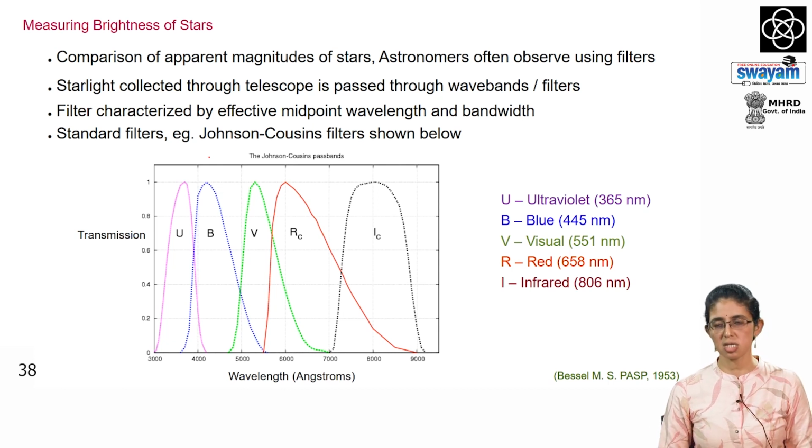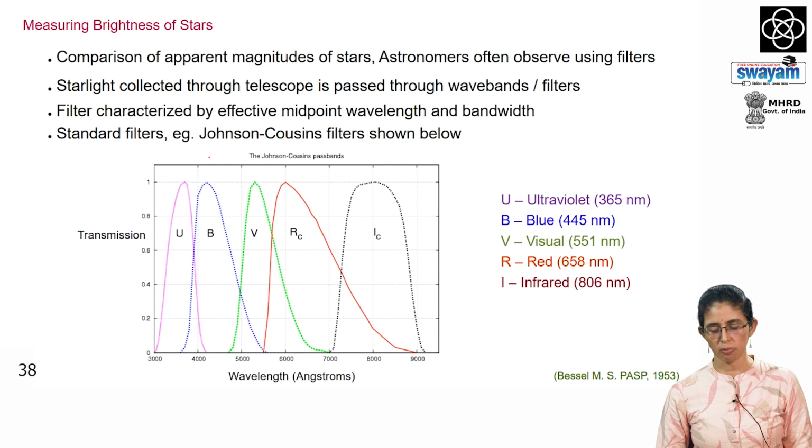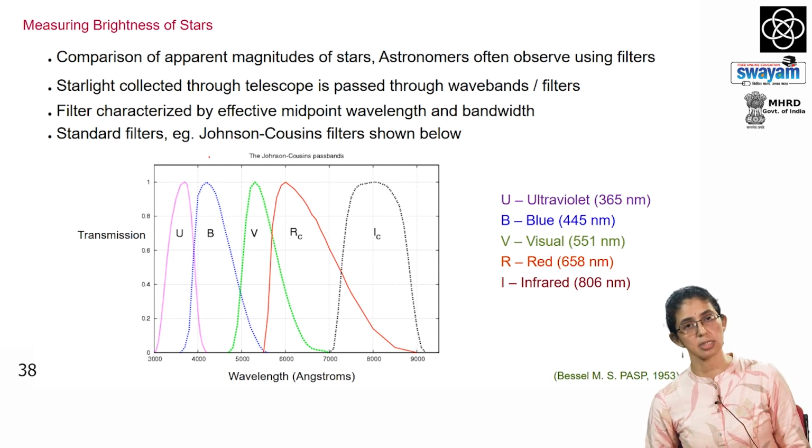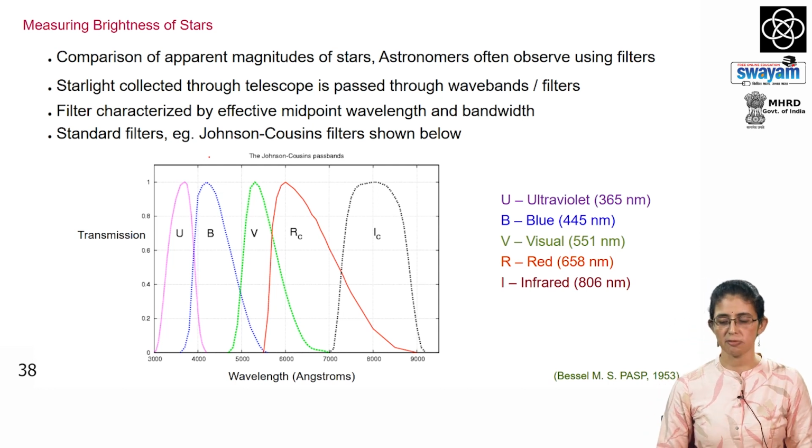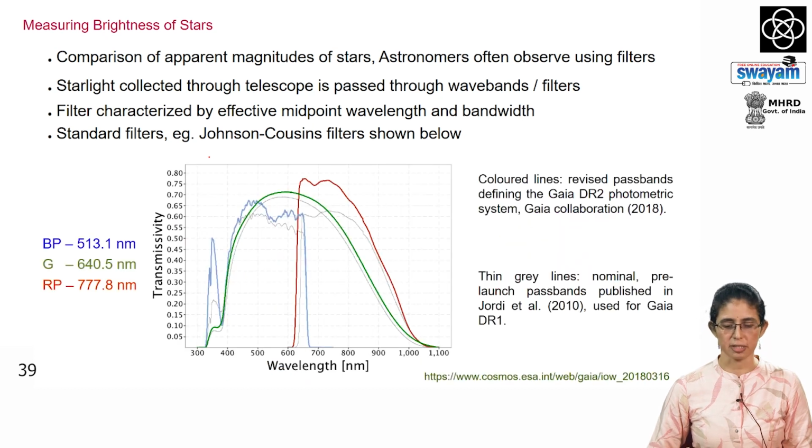These Johnson-Cousins filters are one of the most standard sets of filters, and the most common ones are the ultraviolet U, the blue B, the visual V at 551 nanometers, the red R at 658 nanometers, and I, infrared, at 806 nanometers. So, one quotes the magnitudes as measured through certain filters.